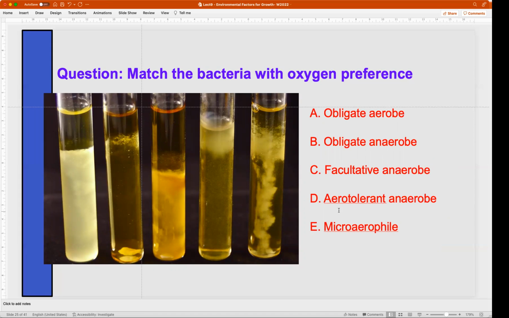You can't see my list, people are in the way. Can you identify the obligate aerobe? Fourth from the right.